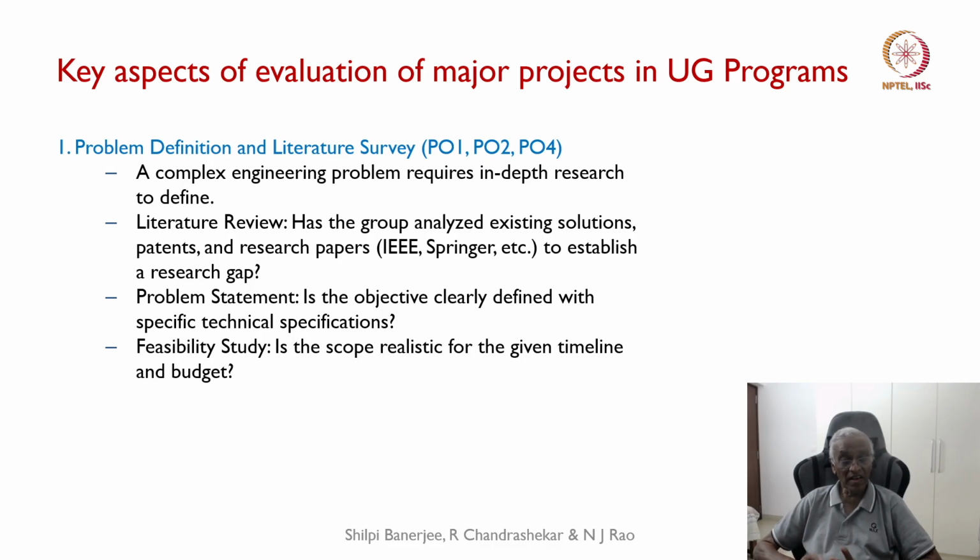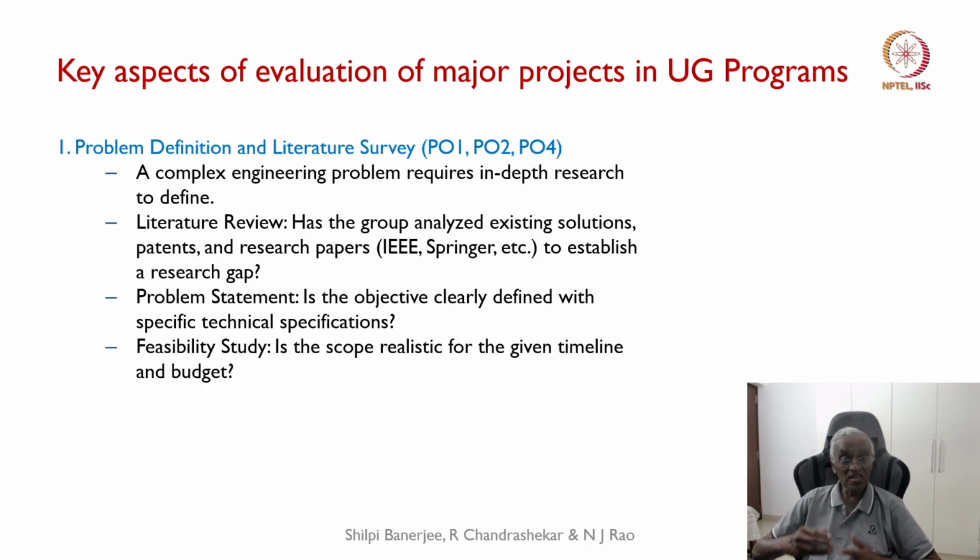And then the next stage in this is, whatever the group has chosen, is the scope realistic or not? That is, there may be a requirement or a justification for the product, but given the timelines and the budget constraints, will you be able to complete the product in given time?